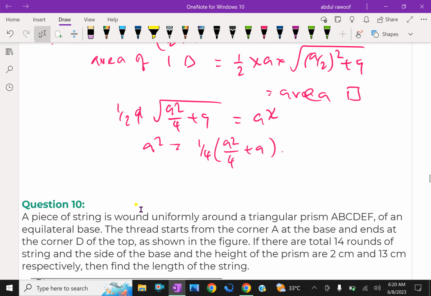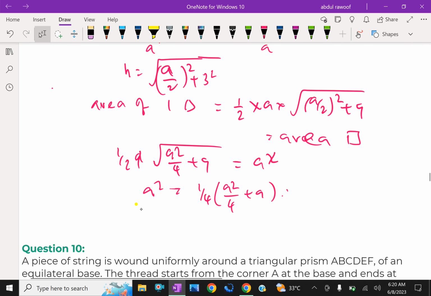Therefore from this we get 15 A squared equals 36.